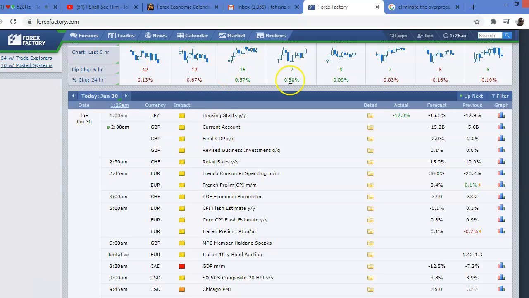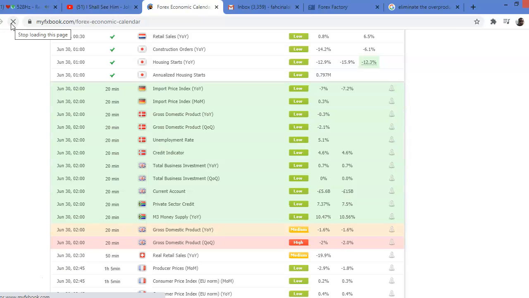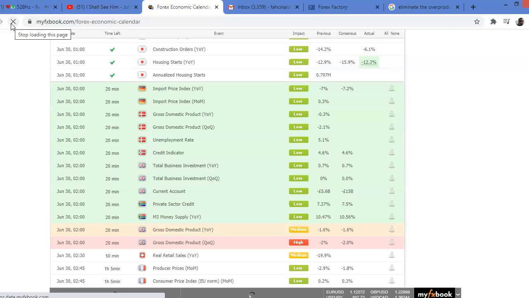We're looking at GBP. There's also another site that gives great global impact news, and that is my FX book economic calendar. I am starting to consult both because there are things on my FX book that I don't see happening in the market.